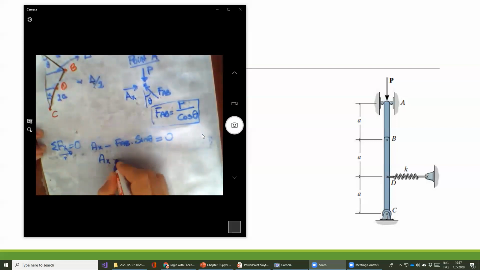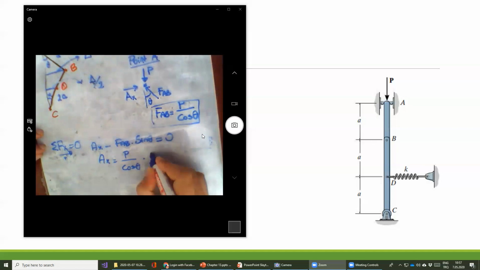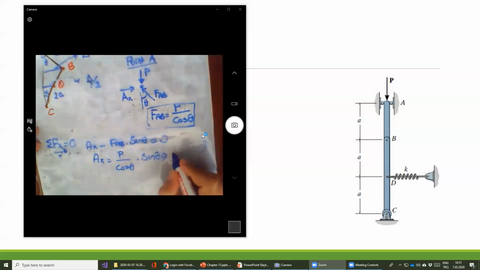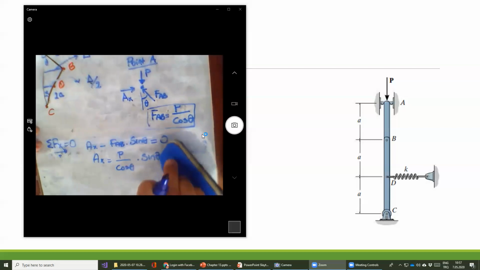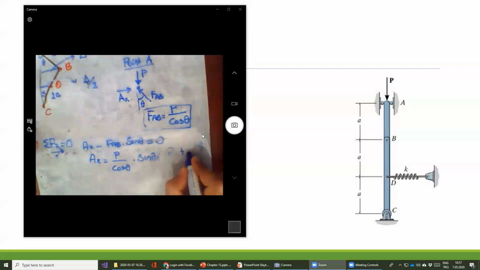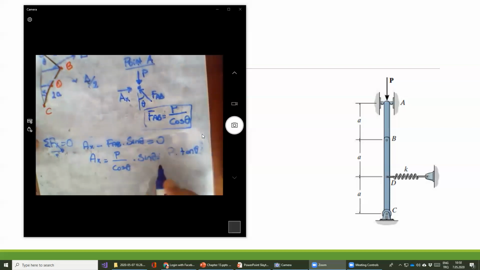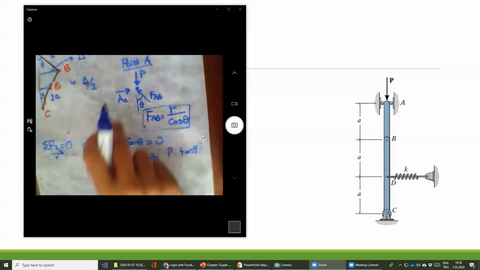Then AX is equal to P divided by cosine theta times sine theta, which is also AX equal to P times tangent theta. So I already found AX and P.